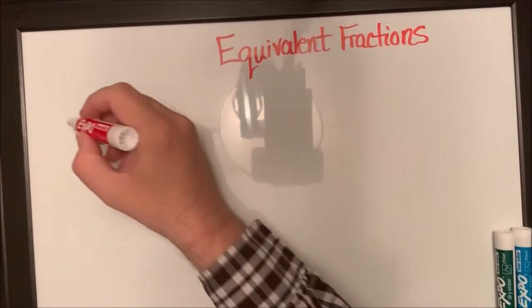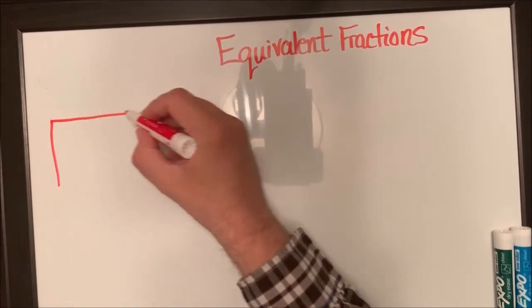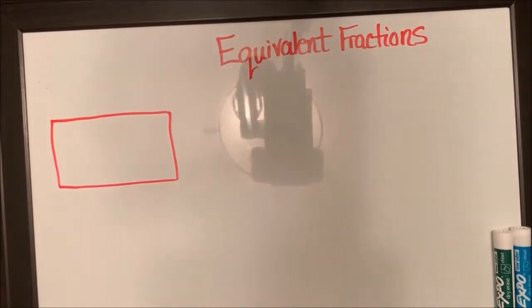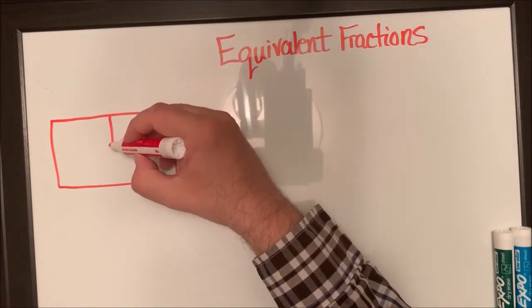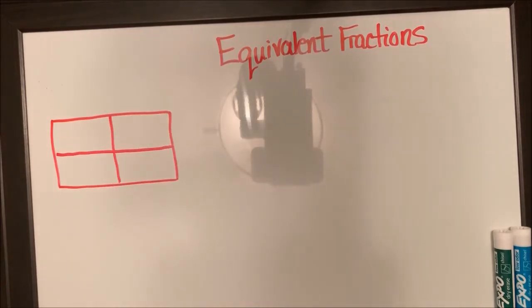if I had a pizza, I'm going to go back to pizzas because pizzas are great for teaching fractions, and all my pizzas are going to be rectangular just because they're easier to draw. So in my pizza, I have 4 slices. I cut it into 4 equal pieces.